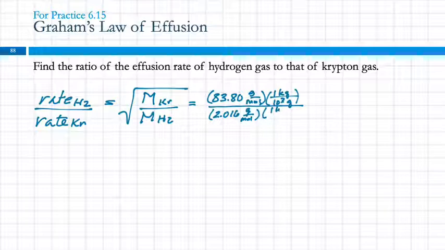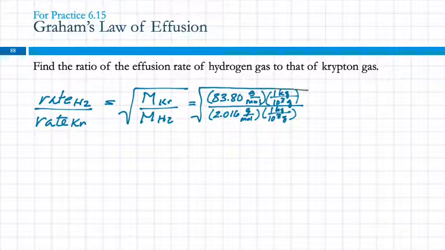And I can convert that to kilograms as well. And then the square root. Those two conversions cancel out. The grams cancel, the moles cancel. I get a ratio which has no units. Square root of 83.8 divided by 2.016 is 6.447.